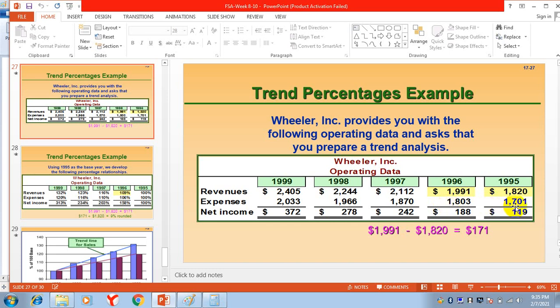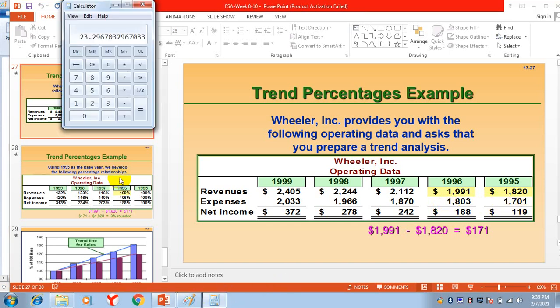Now current year minus base year: 1803 minus 1701, divided by base year 1701, multiplied by 100.